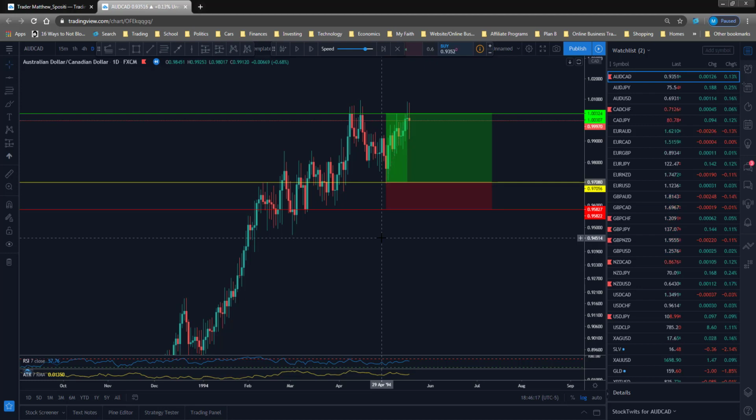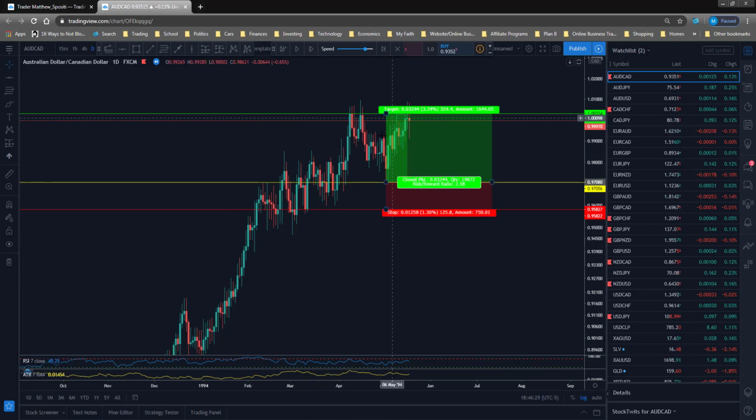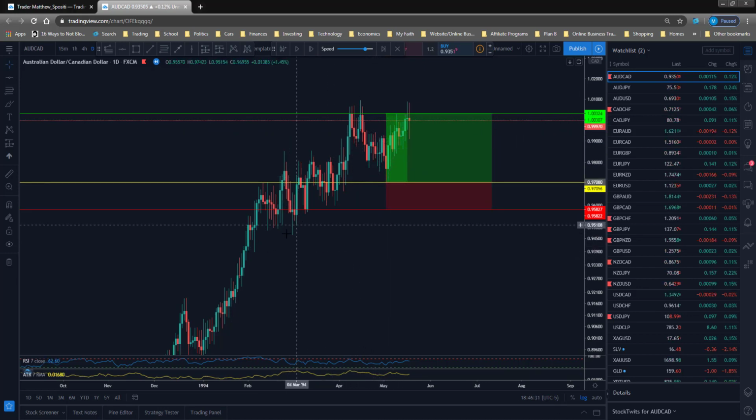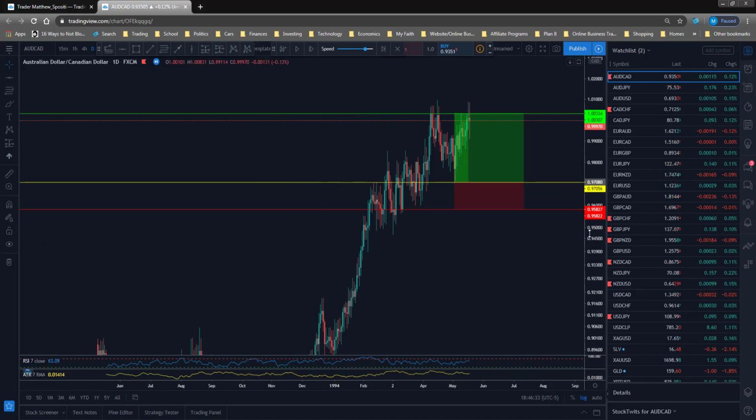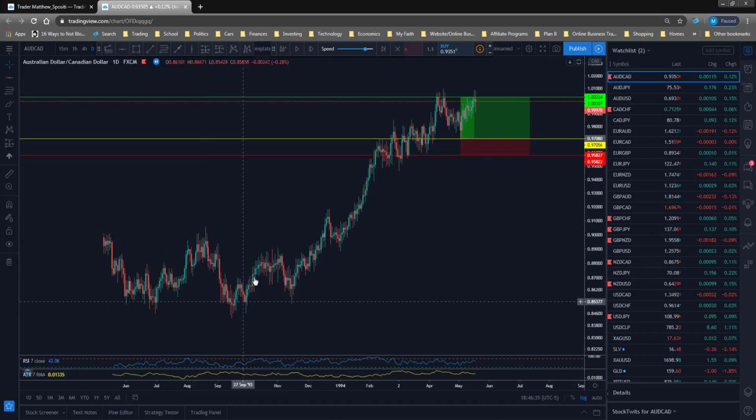But here's the issue that I have with this, is that this is pretty darn close. This was the obvious start of this little leg of this little move right here, this little trend, if you will. You know, I know this is minor structure. It's not major. It's not anything big like this. This is ideally what you would want to see.